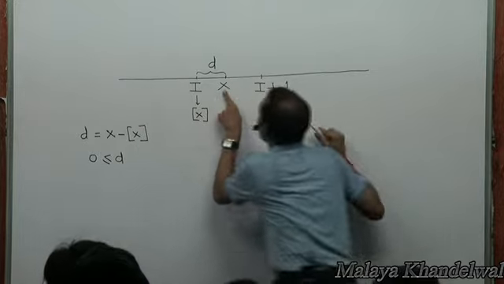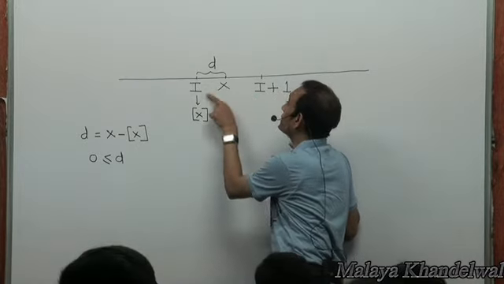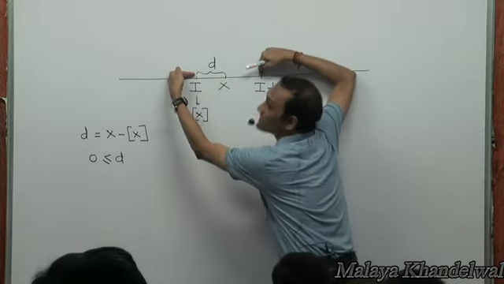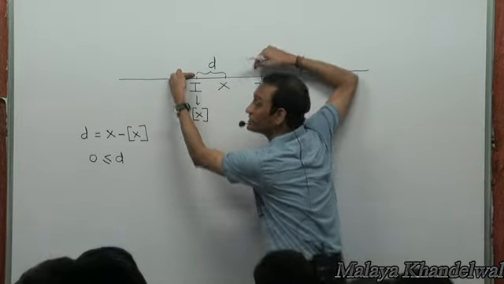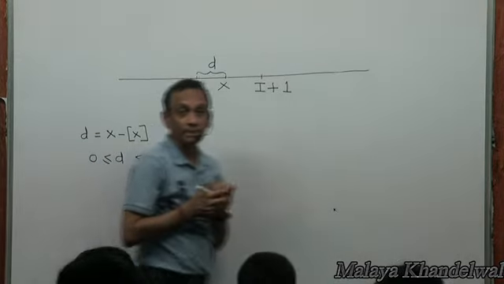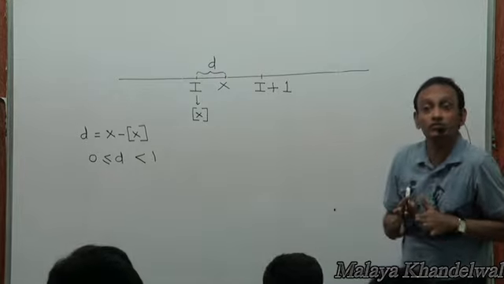Now while x floats between these two integers, this length is 1 unit, right? So this distance can never exceed 1 unit, it will always be less than 1 unit. So this d will always be less than 1, yes or no, right?